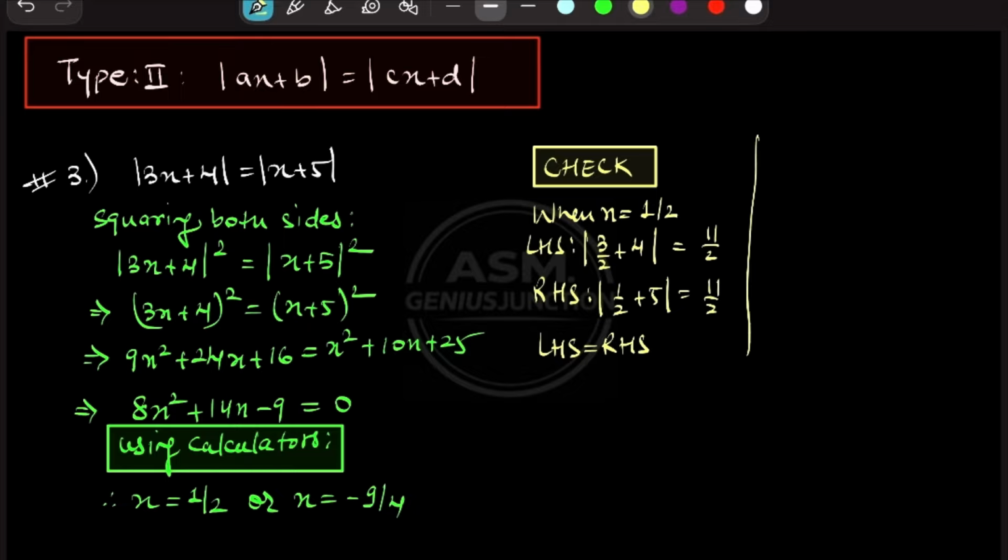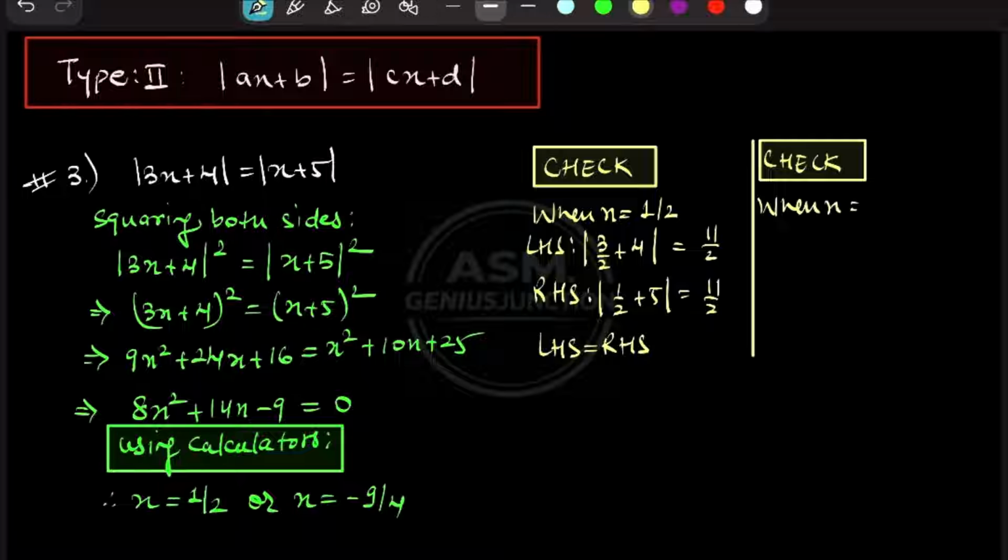Then the same process goes for x is equal to minus 9 by 4. So again we are having a checking part of it. Let's quickly move on to that. When x is minus 9 by 4, the value of LHS becomes 3 times minus 9 by 4 plus 4, mod.